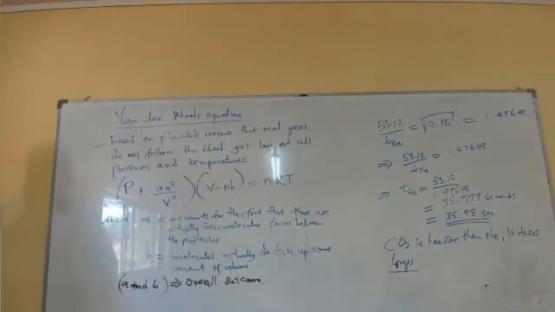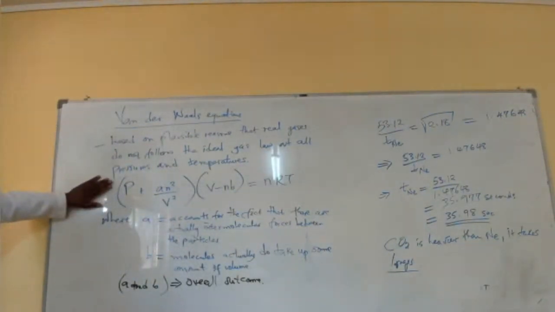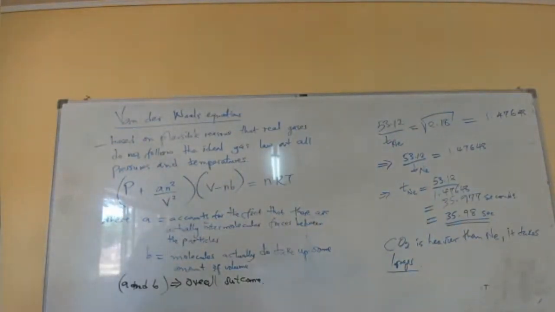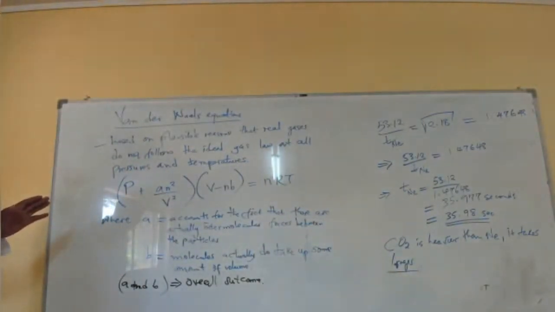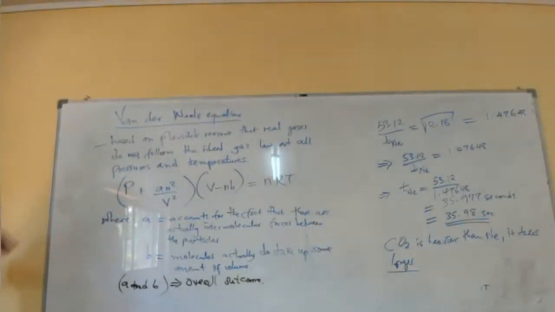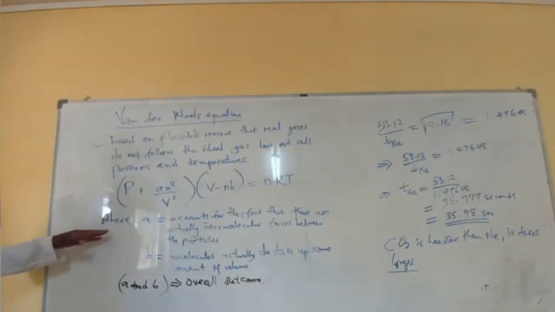Okay? So under the ideal gas equation, or rather the kinetic molecular theory, the postulates are that these gases do not attract or repel each other, and that they have zero volume. Okay? So they do not occupy volume. But that is not the case, like we are saying.